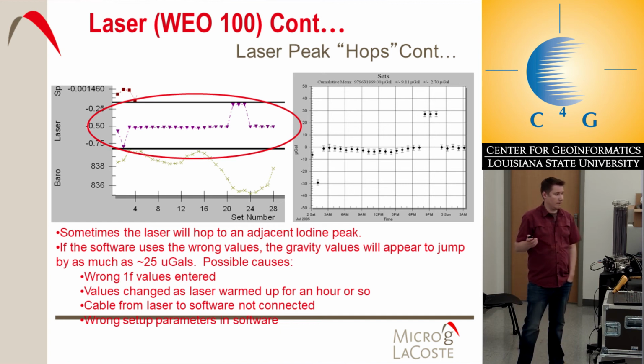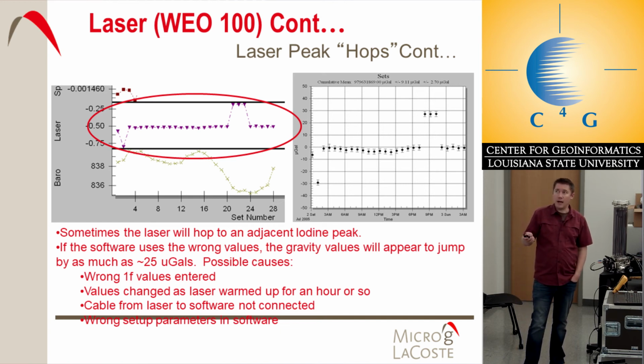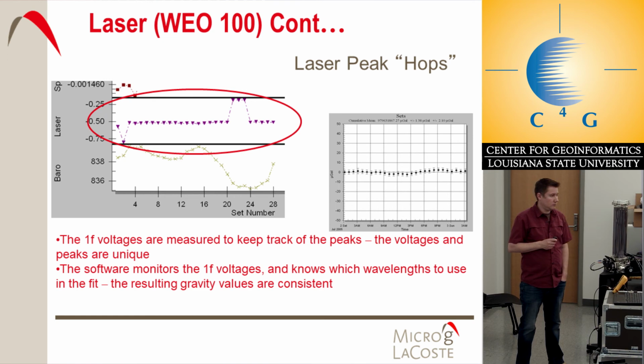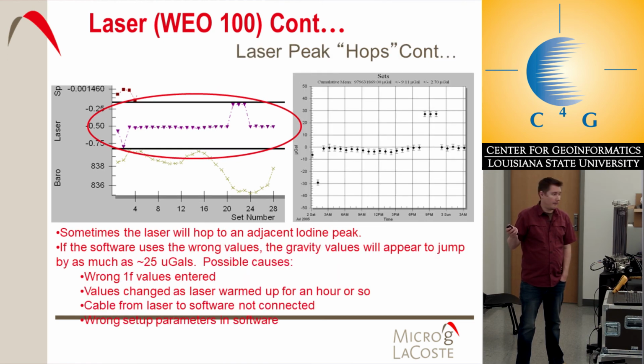So if you don't have it on and your laser peak hops, that's what happens. If you do have it on and your laser peak hops, that's what the data is. If you have it set to E, you don't want that box checked, you're just staying on E, and it does hop, that's when your data will get like that.